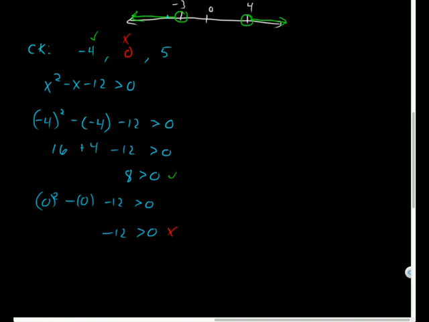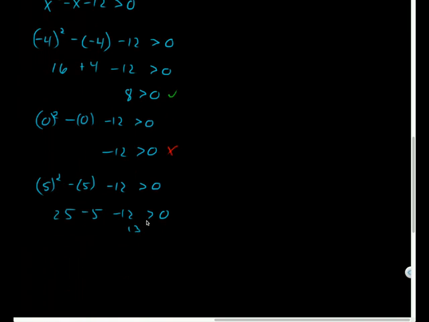And lastly, let's try 5, the last shaded region. 5 squared minus 5 minus 12, is that greater than 0? 25 minus 5 minus 12. I believe that's 8, which is greater than 0. So that does in fact work out.